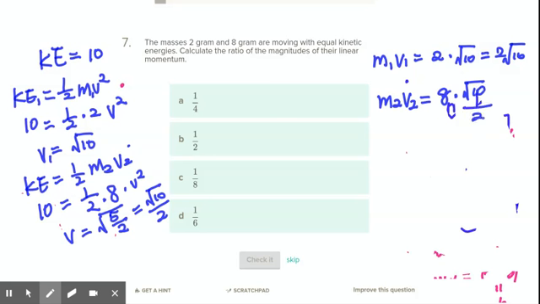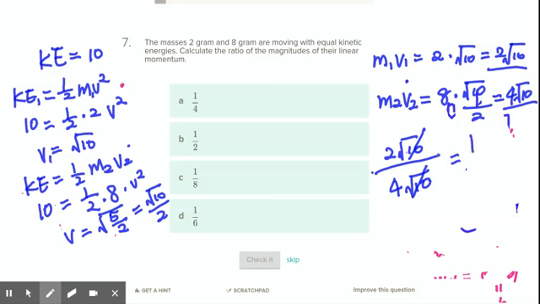You will get 4 root 10. So the ratio of the first and the second, right? You divide 2 root 10 over 4 root 10. So root 10 cancels out, and simplify, 2/4 is 1/2. And your answer should be B.